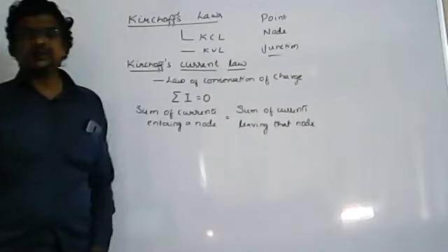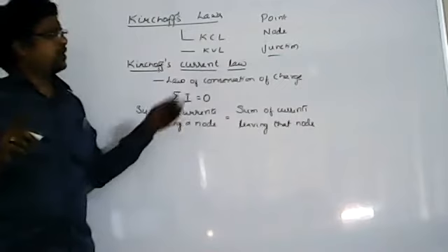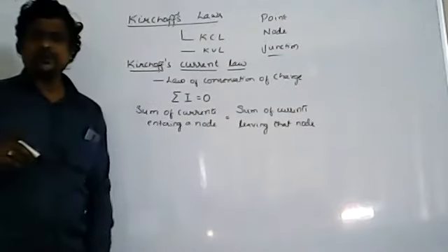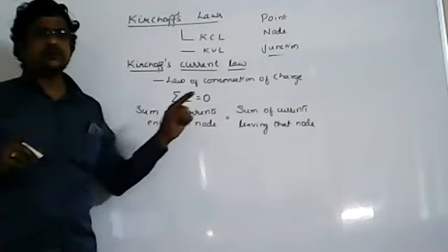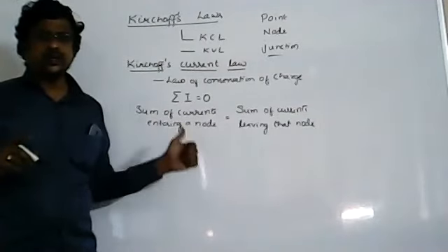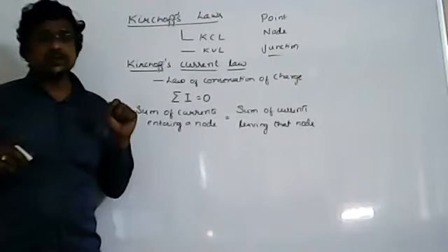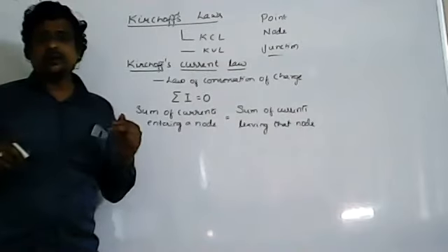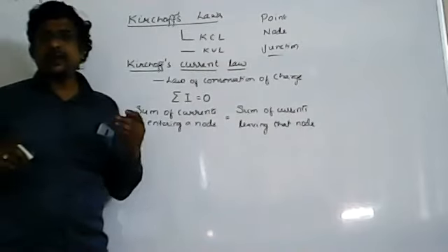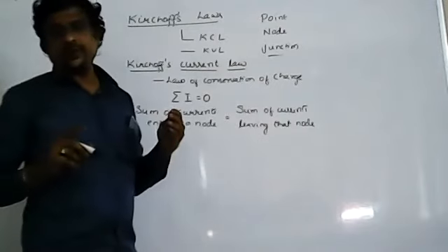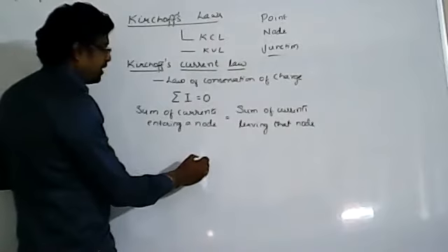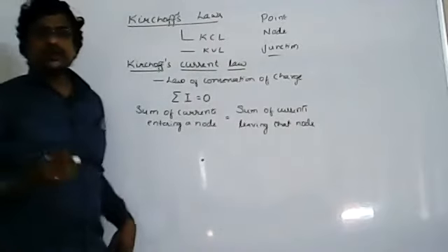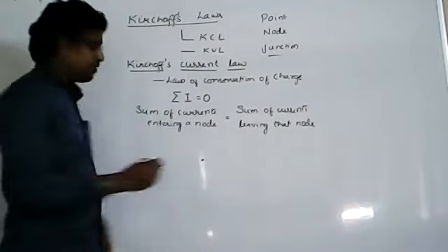So it is just like a node or a junction or a point. In real life, if I take a railway junction, what happens at the railway junction?